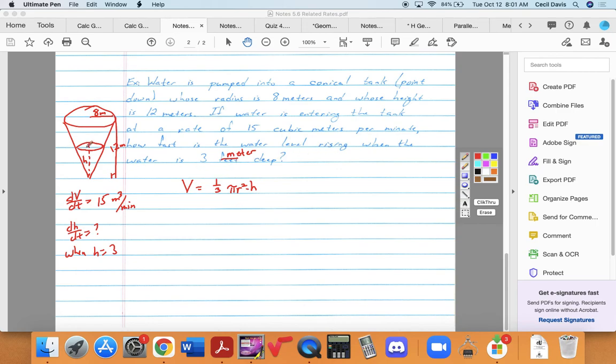The better way is to recognize that this is the radius of your water, and that r over h, the ratio of the radius to the height, is going to be the same as that of the tank, which is 8 over 12, or 2/3. Solving that for r, we get r is 2/3 h.